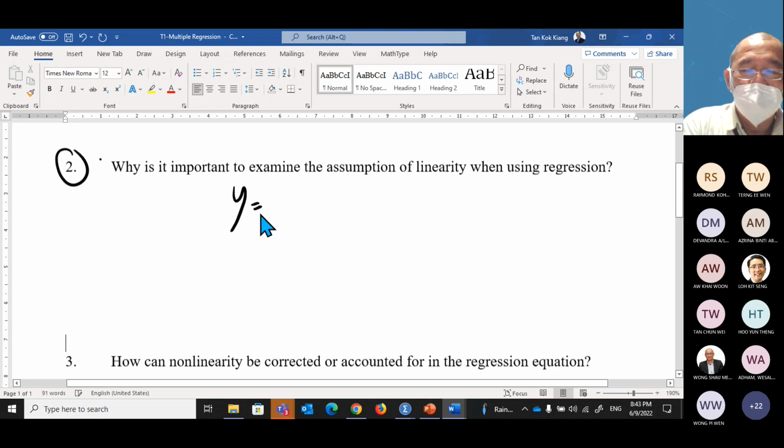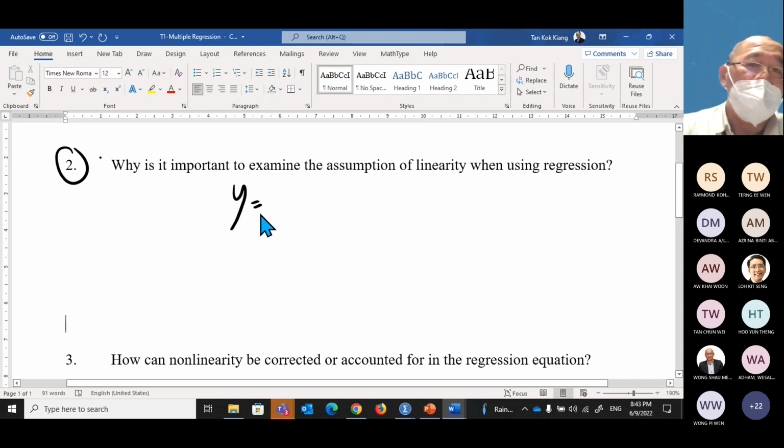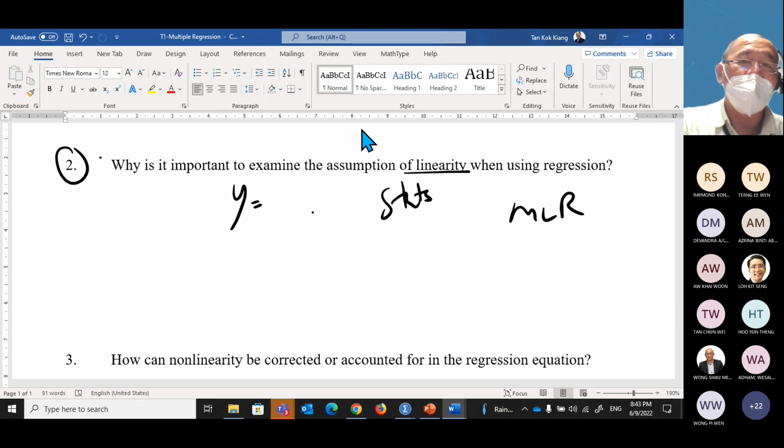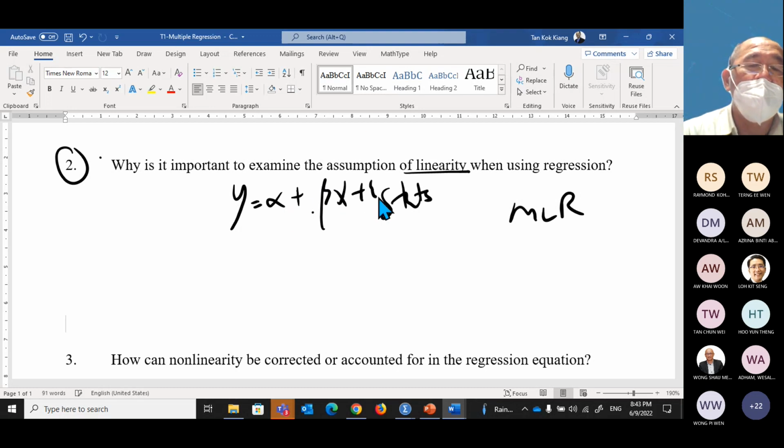Because when the statisticians developed this multiple linear regression, they had this assumption. They assumed the data is linear, that there's a linear relationship between the independent and the dependent variables. Then they developed it.